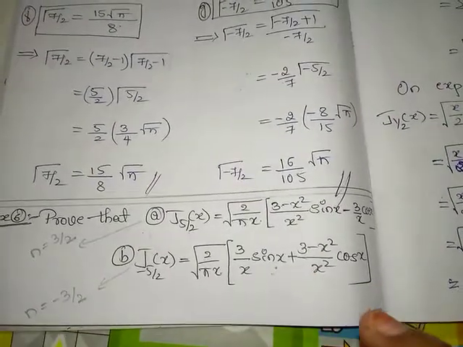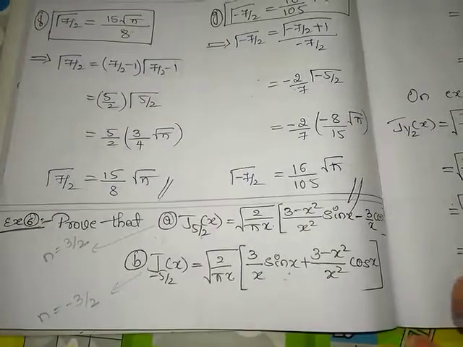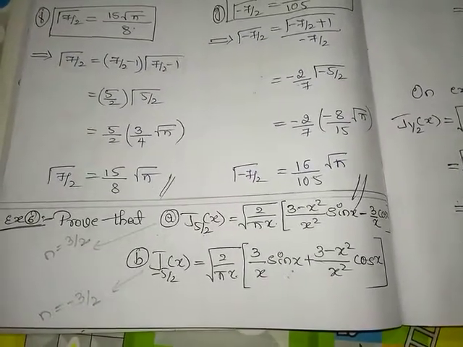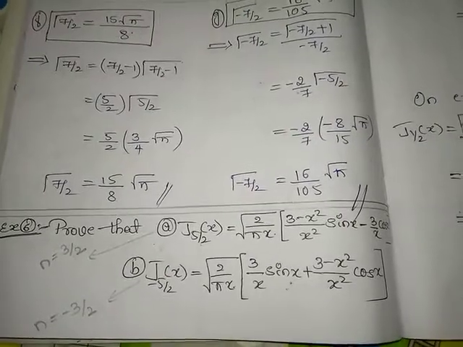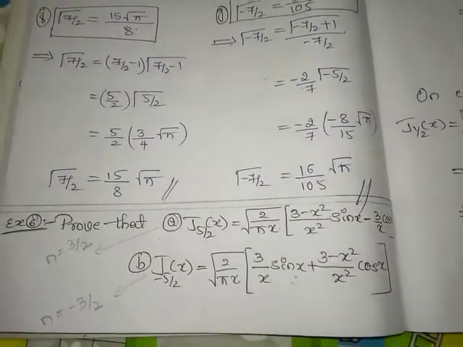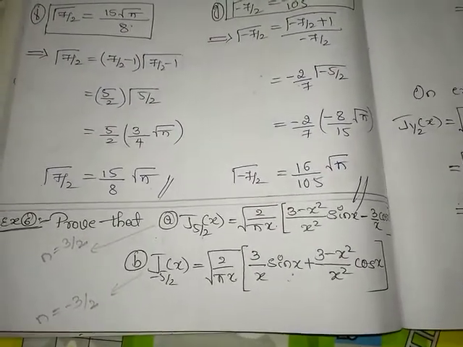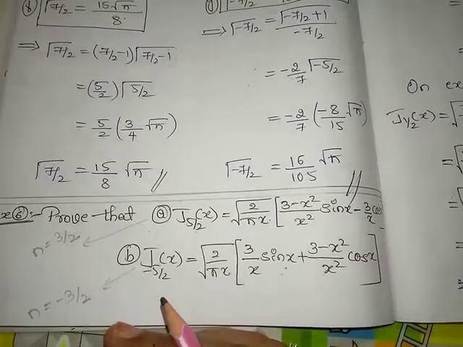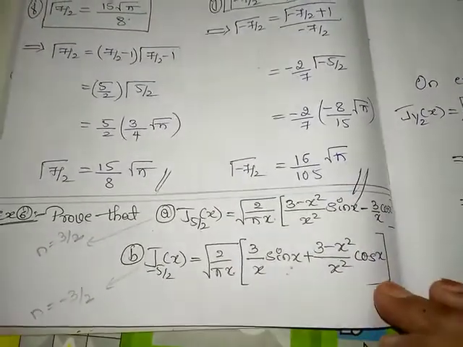If you don't know those values, if you are not perfect in the recurrence relation, go for the definition. Otherwise, the easier way is just to remember the recurrence relation and the J_{1/2}(x), J_{-1/2}(x) results, and J_{3/2}(x), J_{-3/2}(x) results, and solve these two.